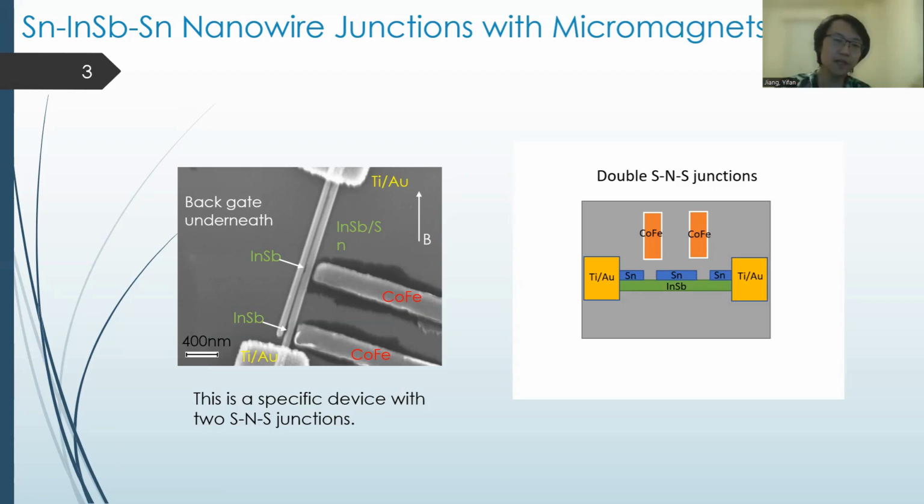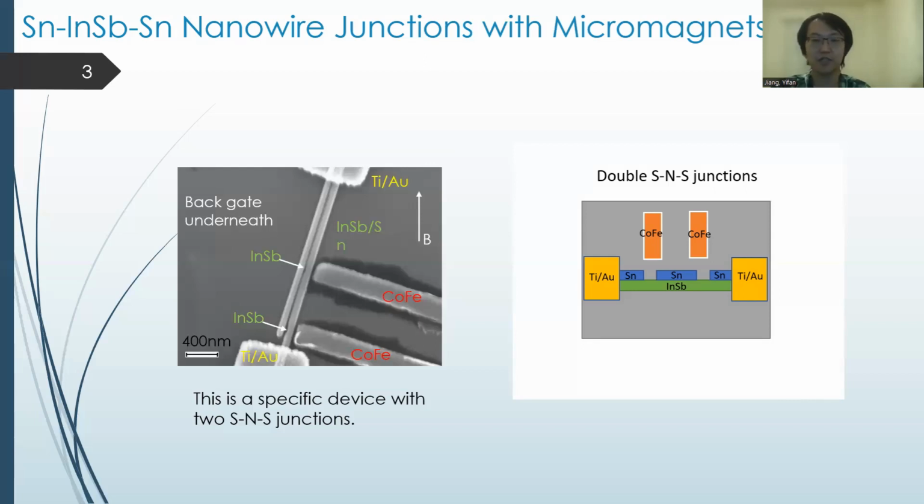From the SEM image, you may observe that there is an additional indium antimonide nanowire attached to the nanowire junction, but there is no electron transport through this additional nanowire, and we believe it does not have any influence on this junction device.